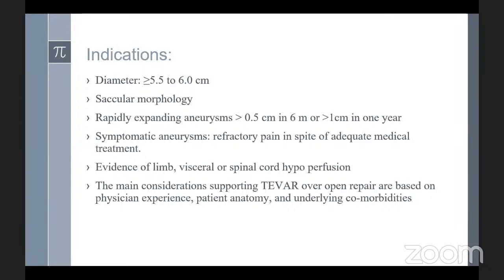Rapid expansion of more than 0.5 centimeter in 6 months or 1 centimeter in 1 year is also an indication for surgery. Symptomatic aneurysm, like refractory pain despite maximal medical therapy, is also an indication for surgery. Evidence of limb ischemia, spinal cord malperfusion, signs of shock, all these are indications for surgery.